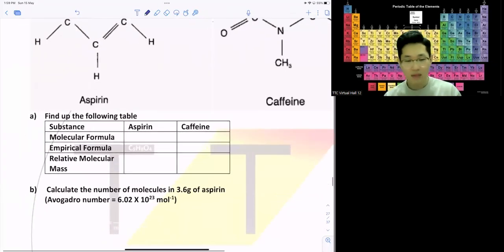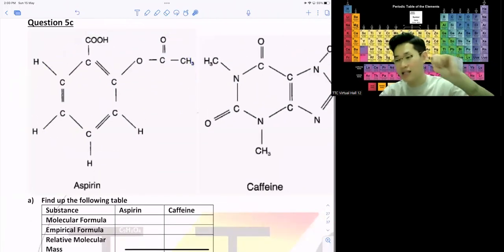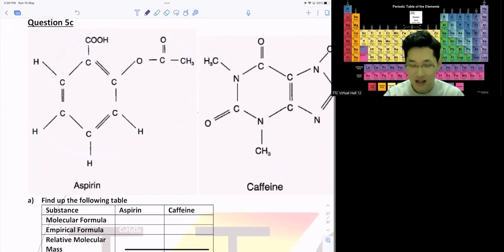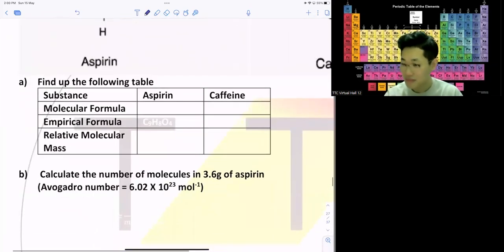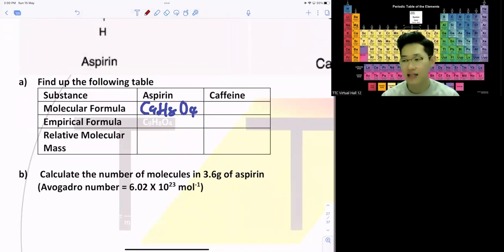So the molecular formula of aspirin, you just count one by one. But here I will give you the formula. So to save some of the time, don't waste our time counting all this. C9H8O4. And the caffeine is C8H10N4O2.